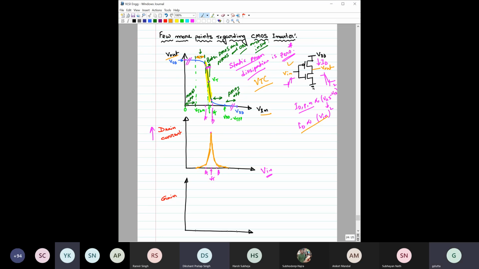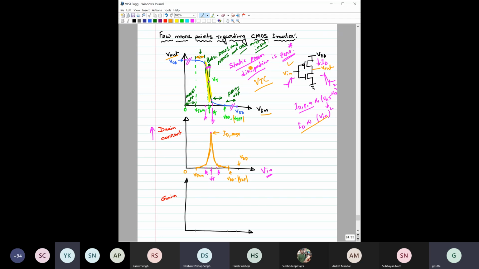Beyond this, the current would become 0. So this is 0, this is VTHN, this is VDD minus mod VTHP. This is VDD, and this is ID max.